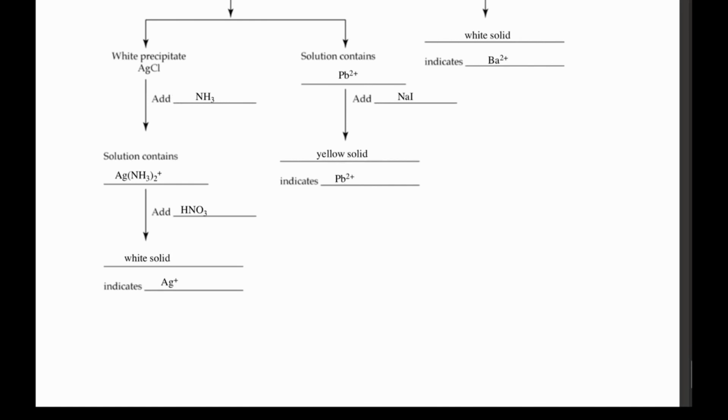We would add a source of acid. We're after the H+, and here we're given to add it as nitric acid, and we get a white solid if we have silver present. Go back to those reactions number 6 and 7 from the previous page. That indicates silver ions. So that would be our flowchart for this scheme.